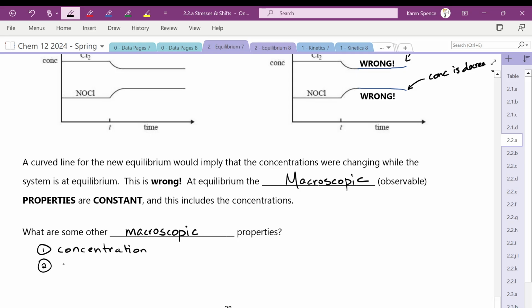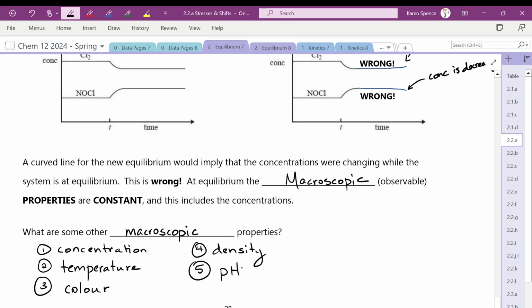I heard temperature, yes. Color, yes. Density. pH. pH only if there's an acid or base present, because otherwise you won't have a pH if it's not acidic or basic.